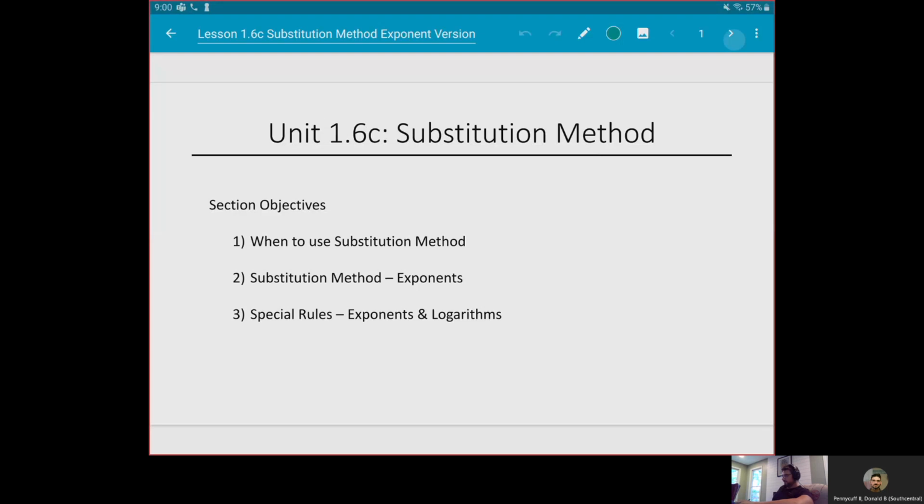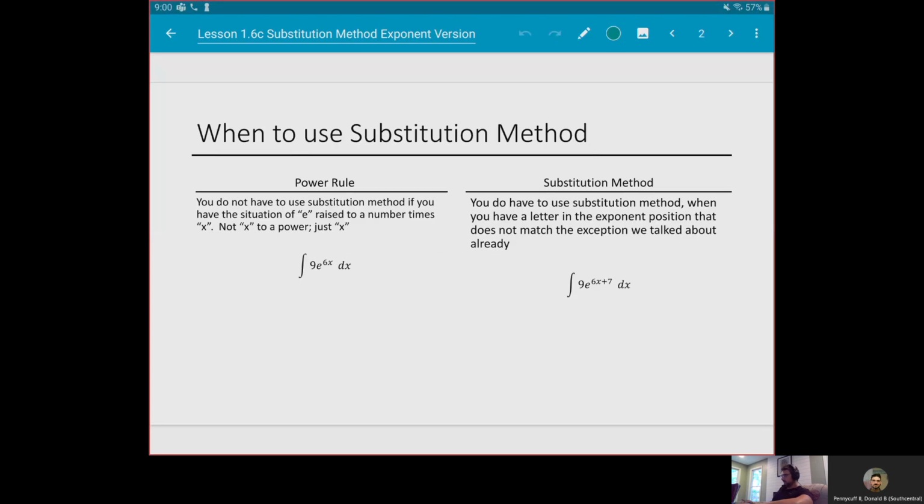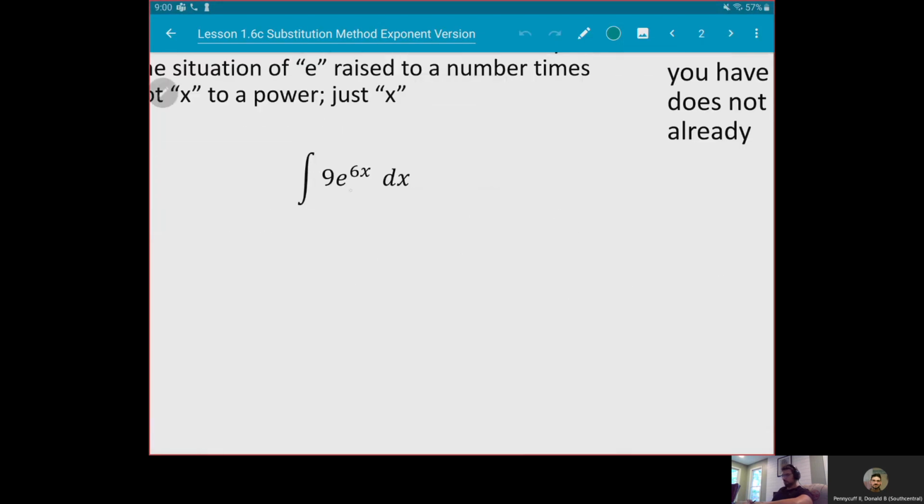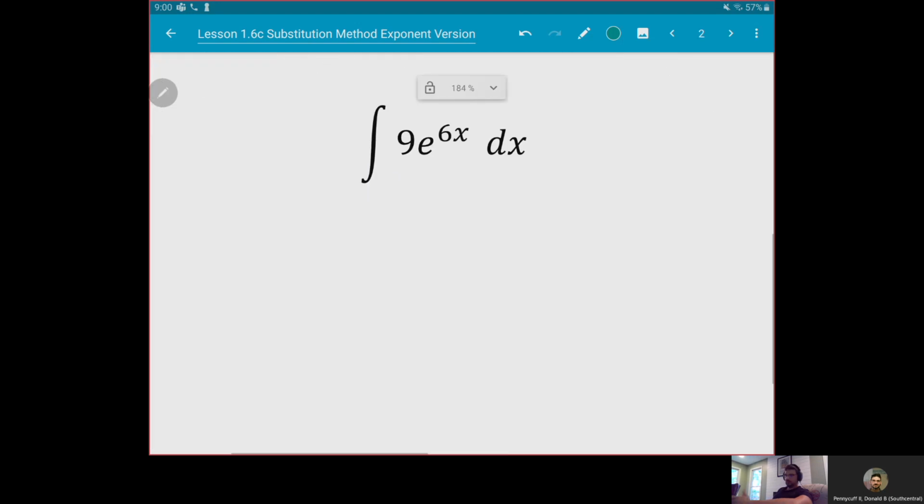So in this situation, we're going to be dealing with e, although it doesn't have to be an e, raised to some power. Now, if you remember from the notes that we talked about last week, we had a rule for dealing with e. Now that 9 can just be moved out front. So that's 9 times the integral of e to the 6x dx.